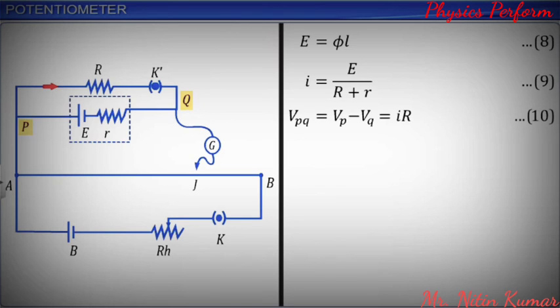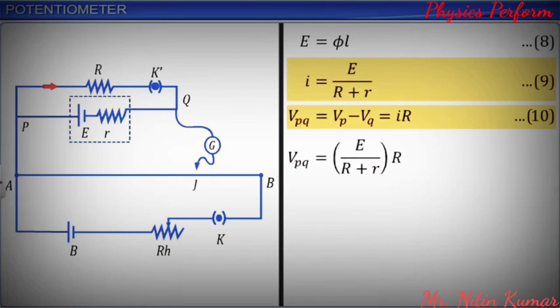Substituting the expression for I from equation 9 in equation 10 and simplifying, we get VPQ is equal to E by R plus r into R. Let this be equation 11. In this situation, the current from the cell in the secondary circuit does not pass through the primary circuit, as points A and P are at the same potential.